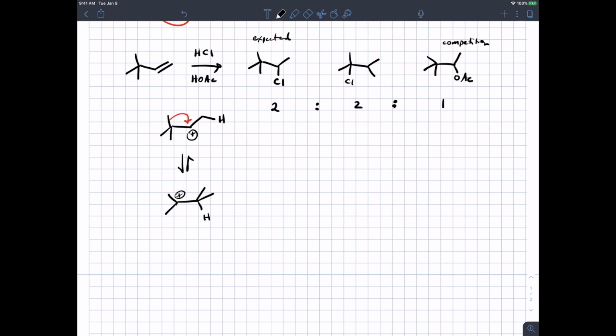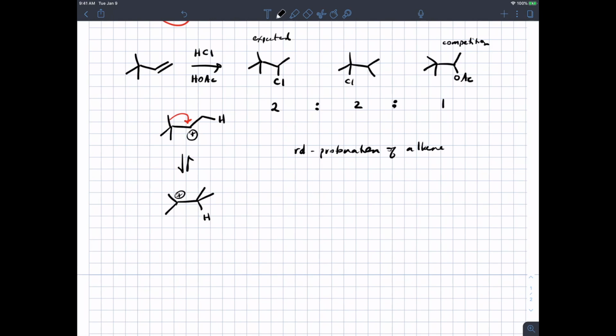Now, an interesting piece of evidence here in terms of the kinetics of this reaction: it is first order in alkene, as you would expect, and first order in acid. So that suggests rate determining protonation of the alkene. That's the slow step.